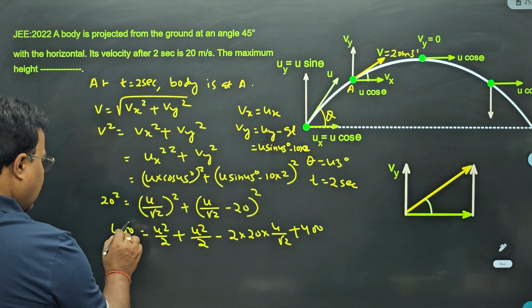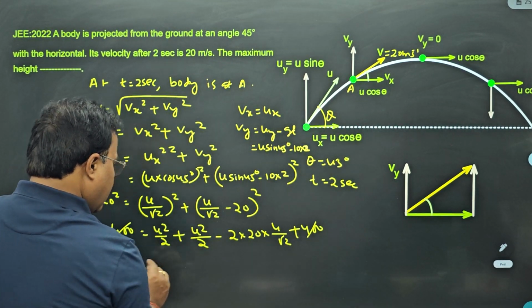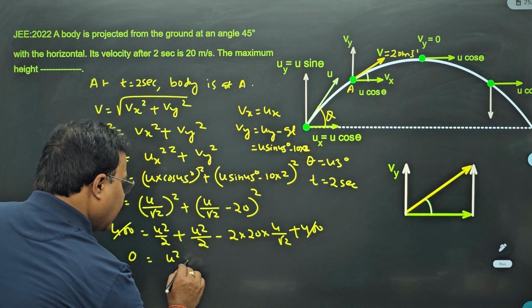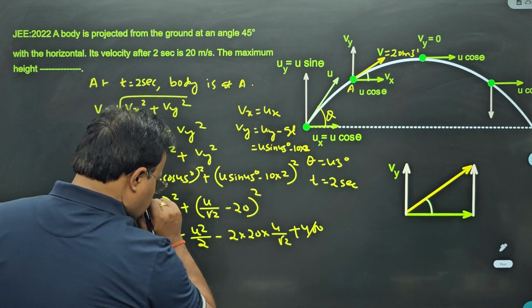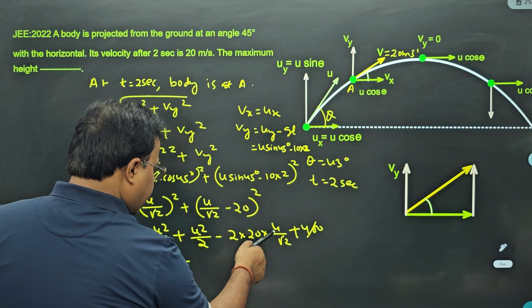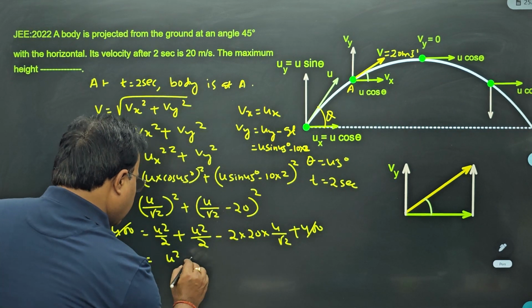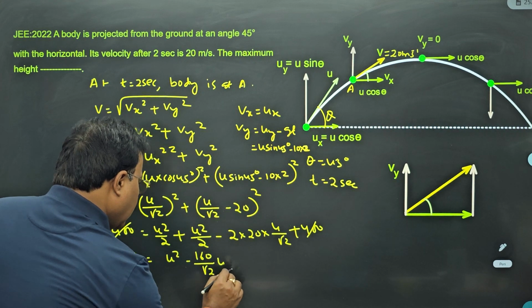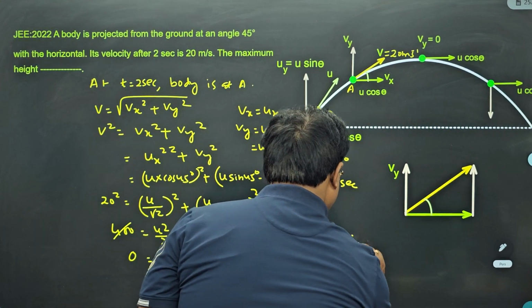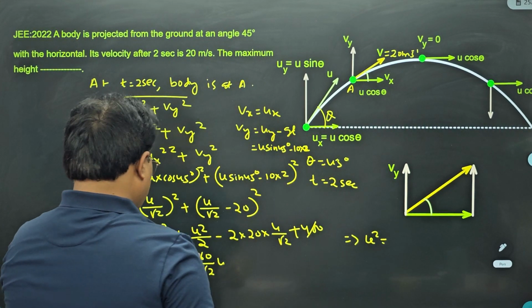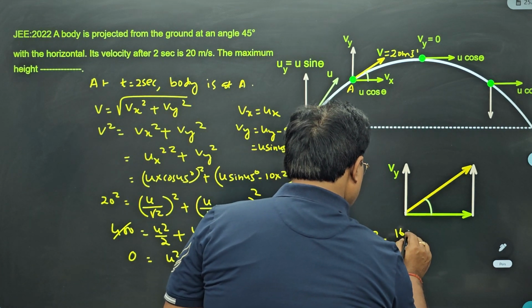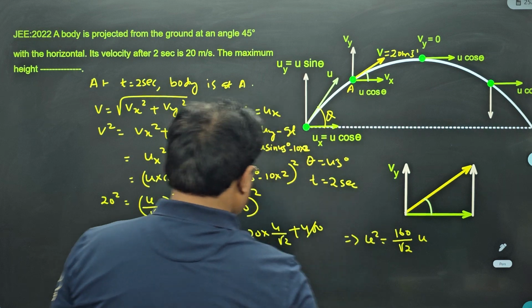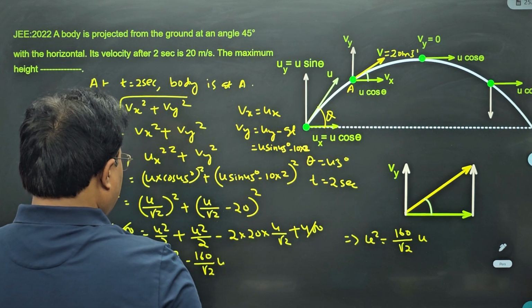Okay, my dear students, now 400 is cancelled. So therefore 0 is equal to U square by 2 plus U square by 2, which is U square, minus this becomes 160 by root 2 U. This implies U square is equal to 160 by root 2 U. Let me check.